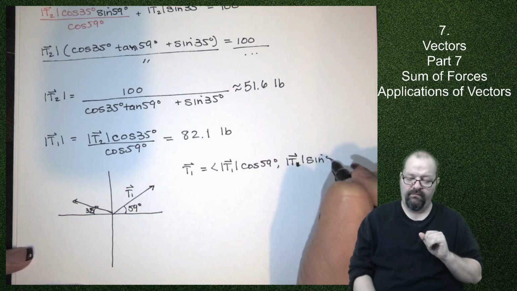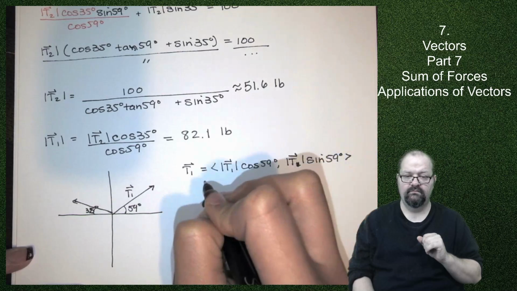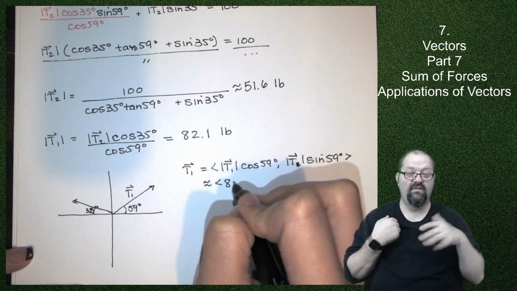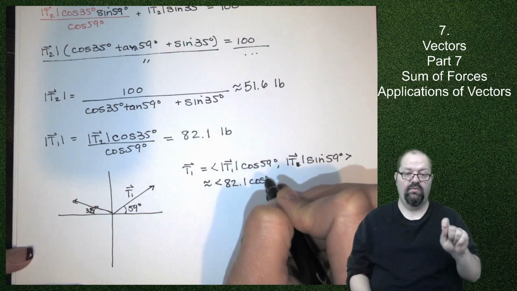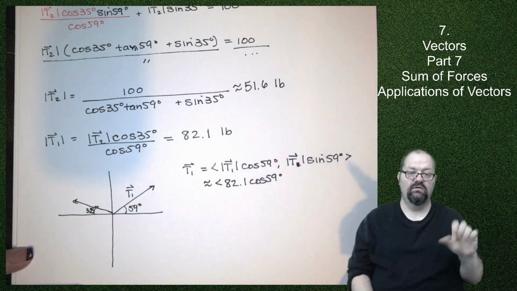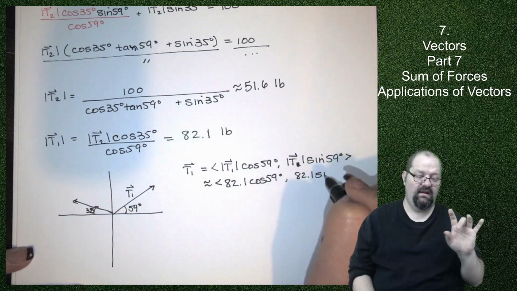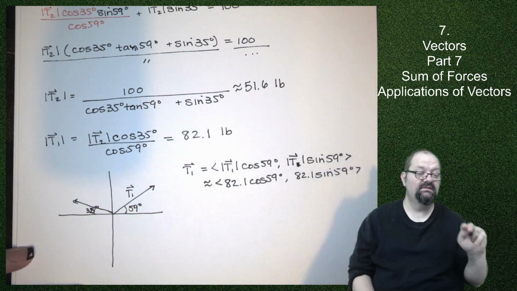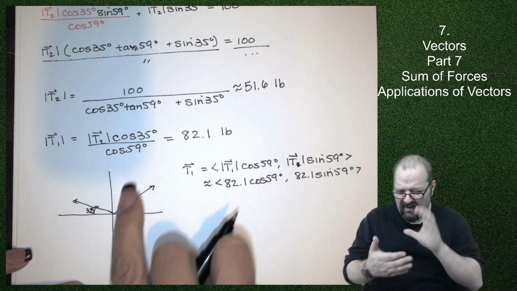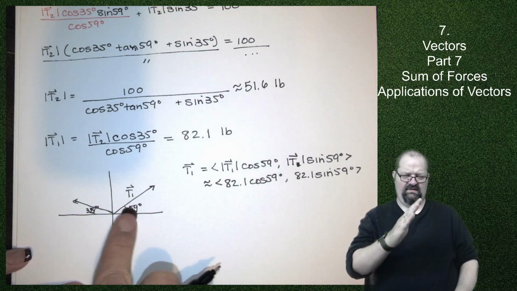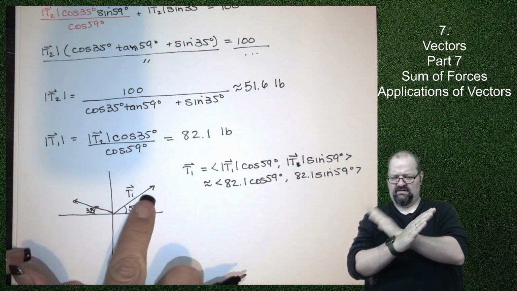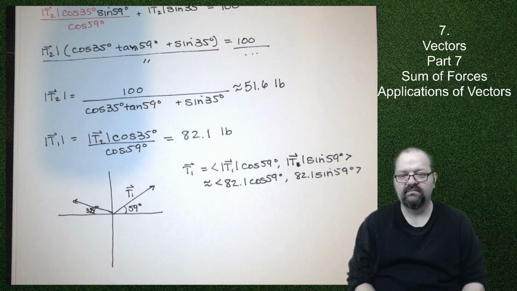So I get approximately 82.1 times cosine of 59, and 82.1 times sine of 59. I'm sorry, my picture is so bad. 59 degrees is going to be up here. It's closer to 2/3 of 90, not whatever that is.